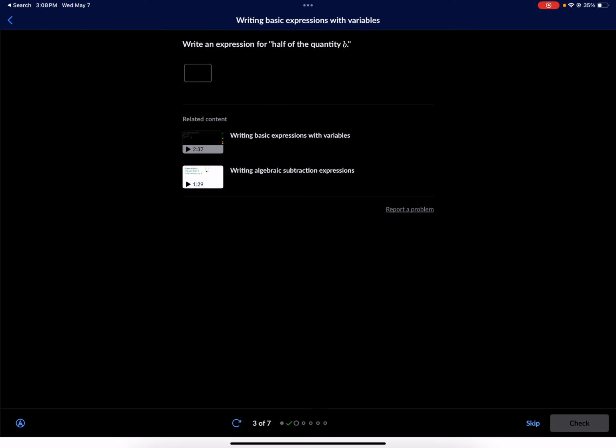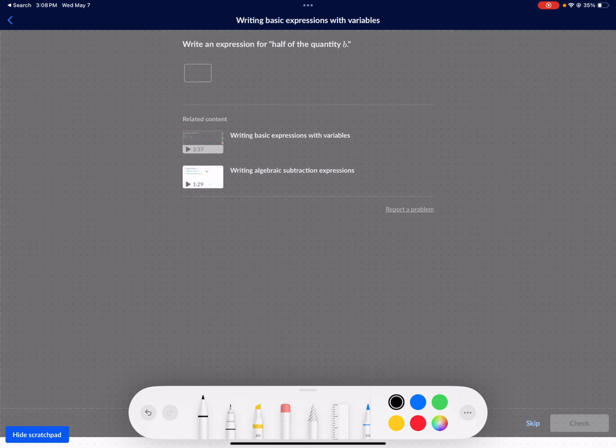Okay, so we'll do a bonus problem because I did miss the first one, but that wasn't really my fault. Write an expression for half the quantity b. So what's a half? We want that in either a decimal or a fraction. We'll use a fraction. So what's half? 1/2. Good. If you want more information about fractions, check out my previous video. And now we want the quantity.